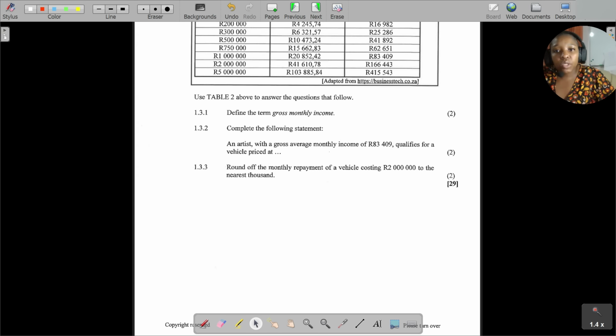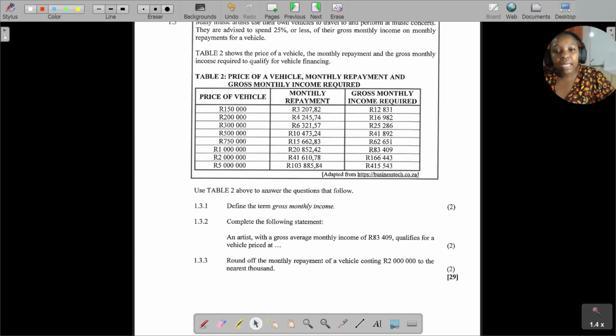Question 1.3.2, complete the following statement. An artist with a gross average monthly income of 83,409 qualifies for a vehicle priced at.